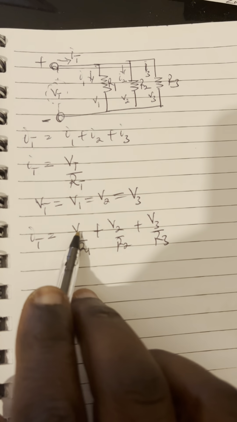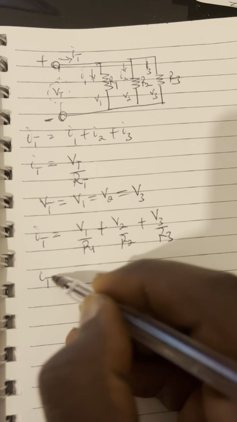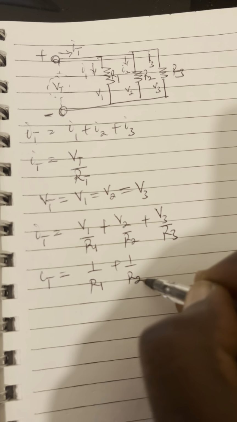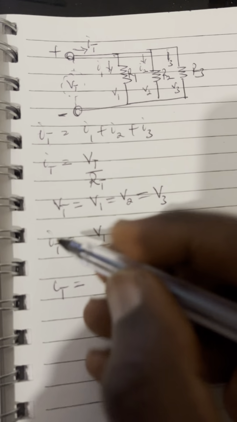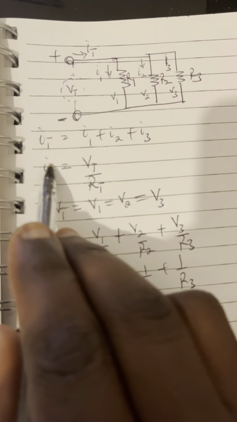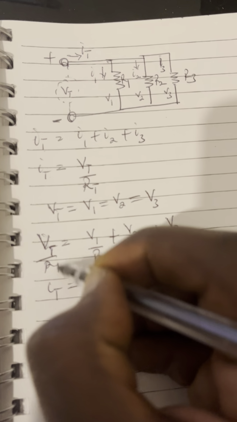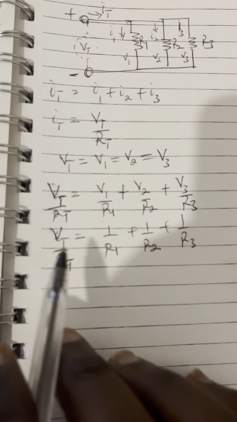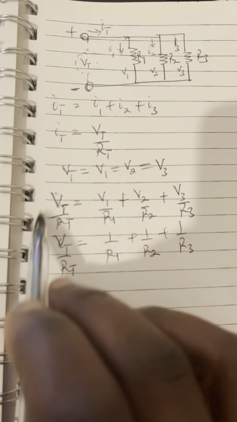Sorry, we didn't replace this one. I total will be V total over R total. So V total over R total, that's what it becomes, because we have to replace I total with V total over R total.